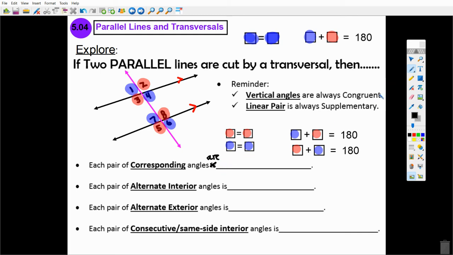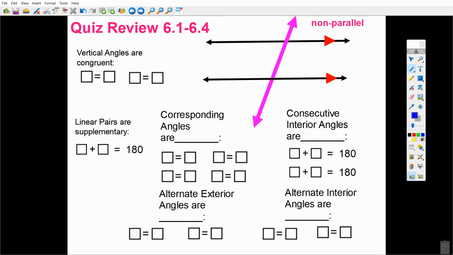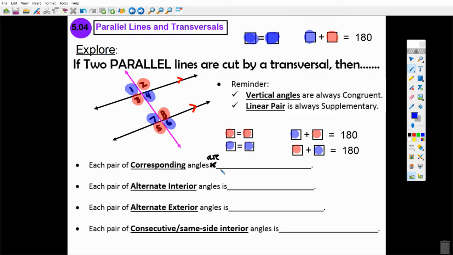So we have 1 and 7. Angle 1 is congruent to angle 7.